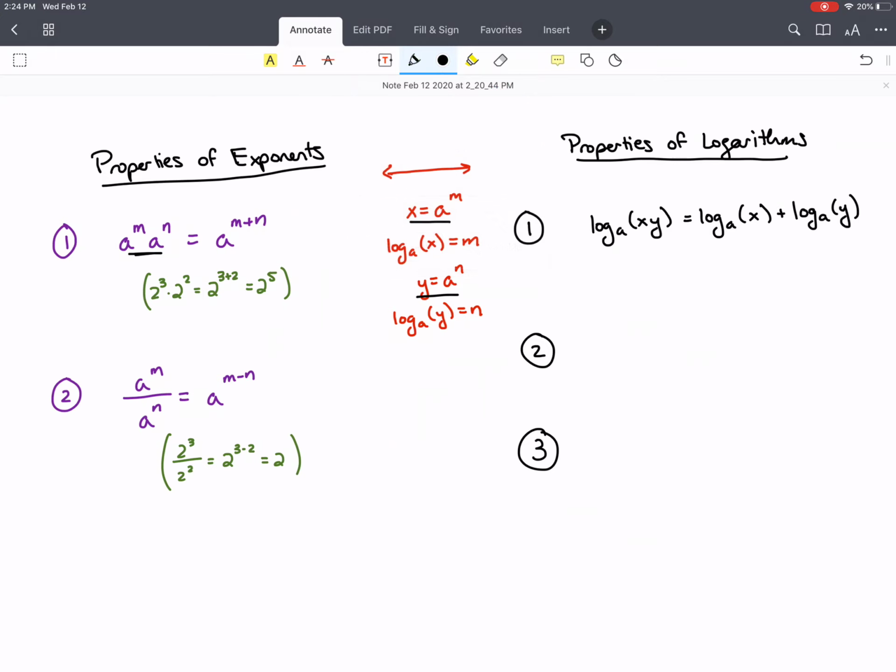The corresponding logarithmic property is if I have a ratio of powers and I look at what exponent will be on that, it's the difference of the exponents on each of them individually. So the log of x over y is log of x minus log of y.